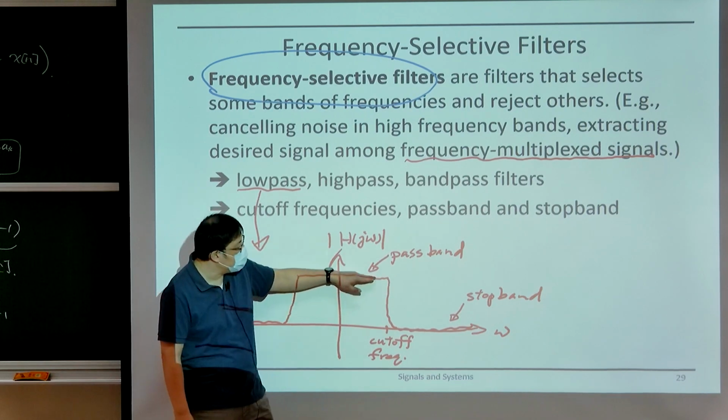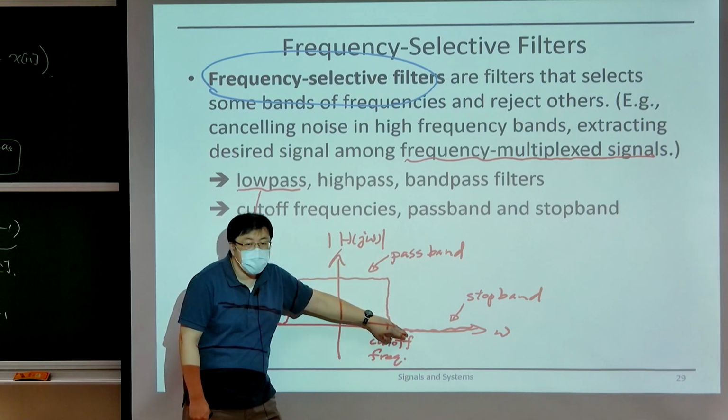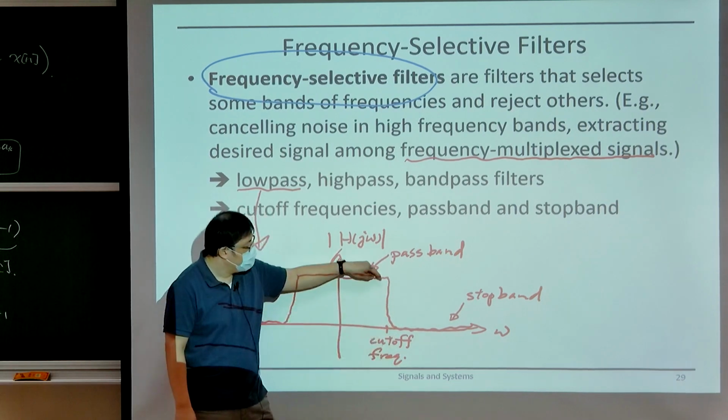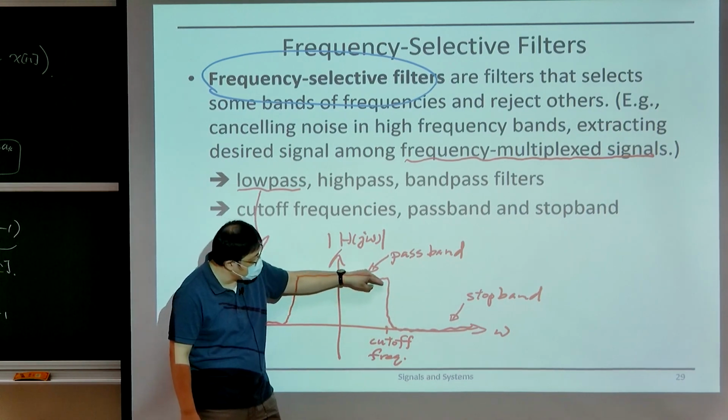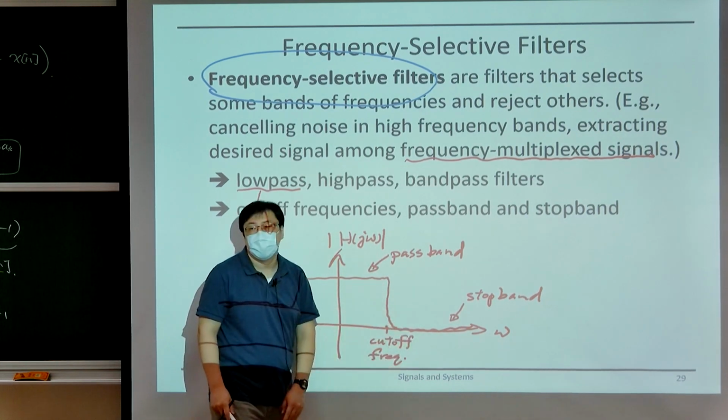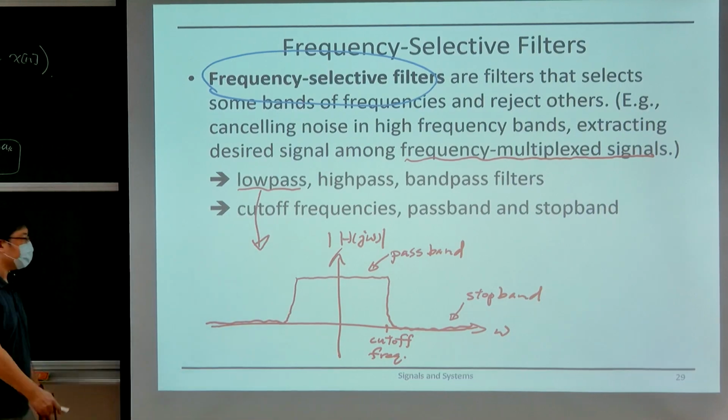Usually you would need some non-zero frequency range in order to go from the pass band smoothly to the stop band.